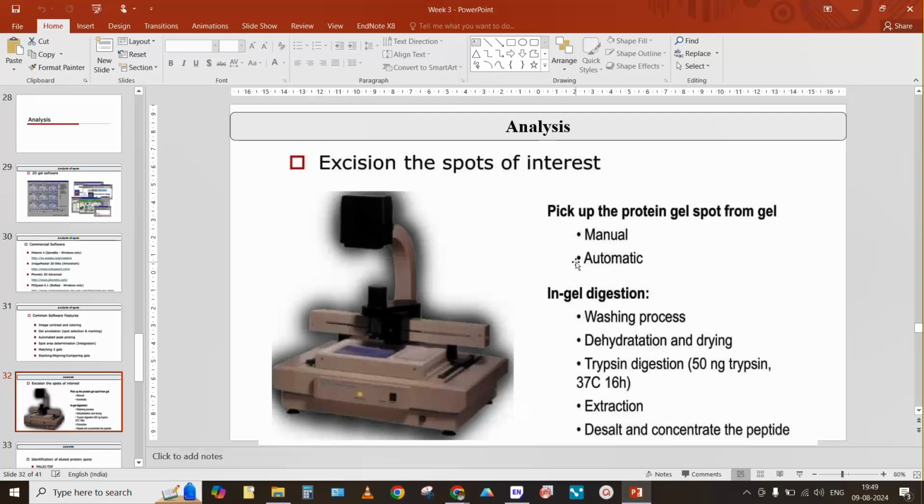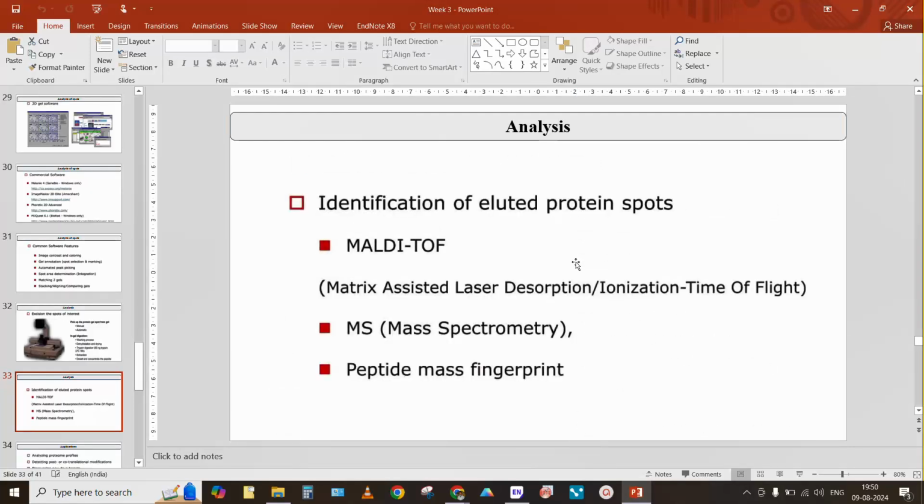It includes in-gel digestion using a washing process, dehydration and drying, trypsin digestion, extraction, and desalting and concentrating the peptides. Then there is identification of eluted protein spots by MALDI-TOF, which stands for matrix-assisted laser desorption/ionization time of flight, mass spectrometry and peptide mass fingerprinting.